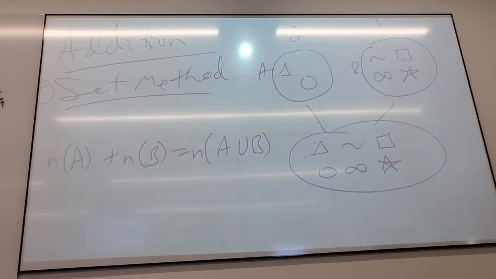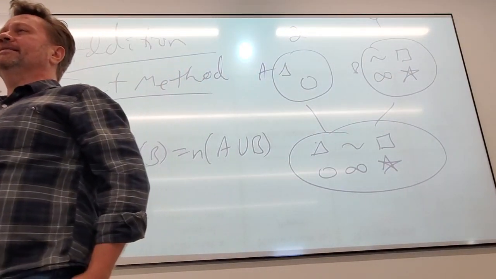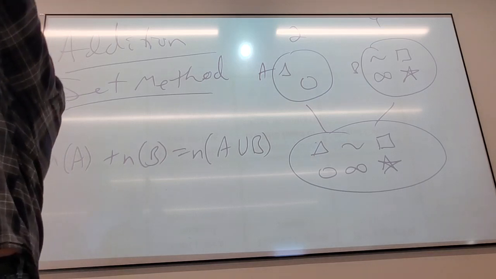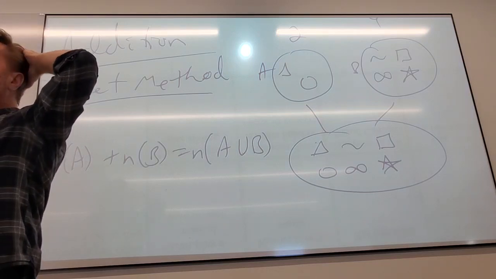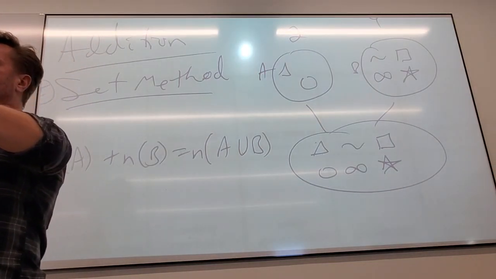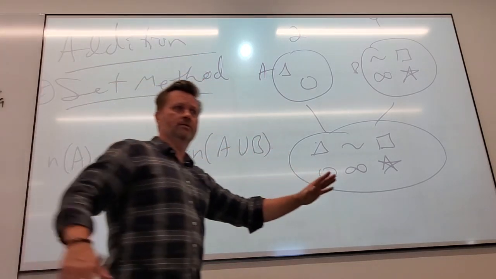Is that just to get really technical for a moment, right? The only way that's true is if what? Okay, good. Meaning that A intersect B has to be 0, has to be empty.